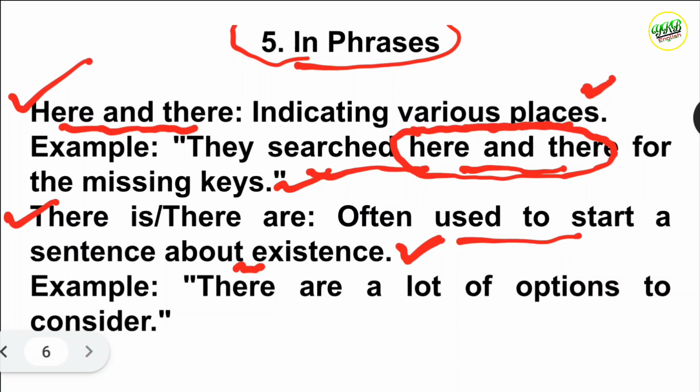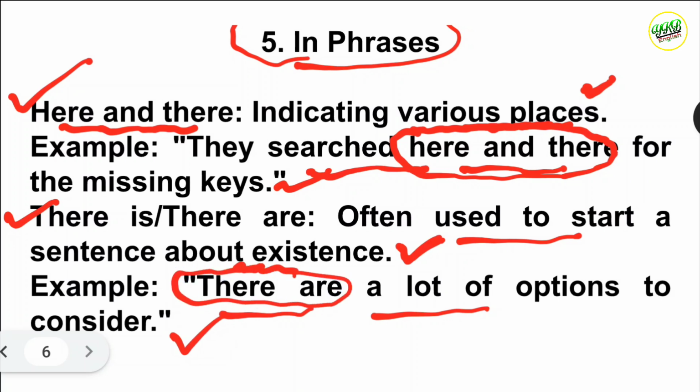For example, there are a lot of options to consider. Options to consider means existence of options here, so we can use the phrases "there is" or "there are".